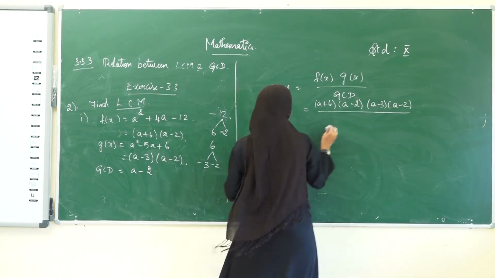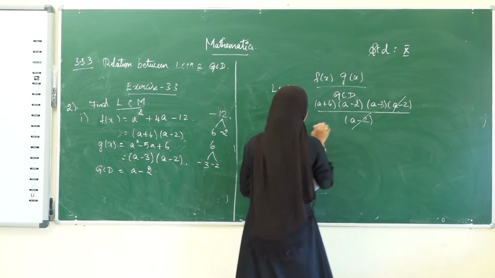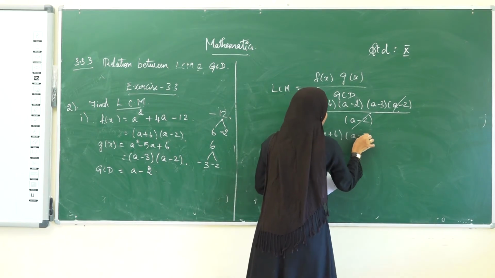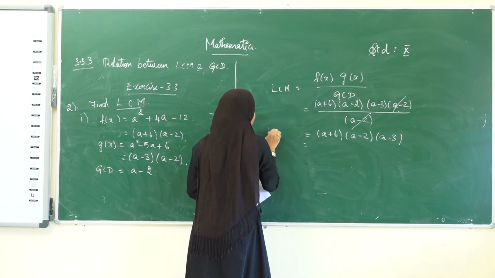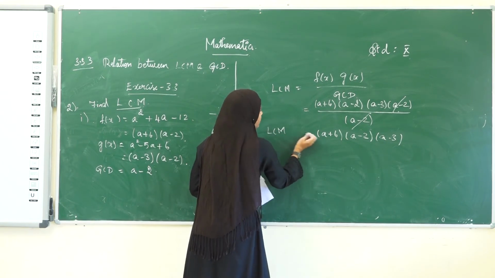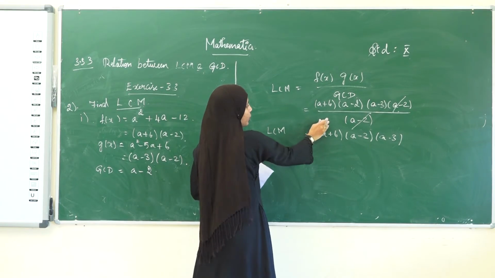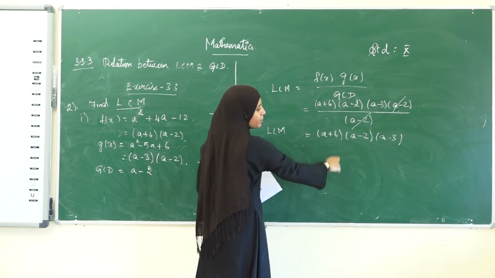The GCD is a minus 2. So we can cut this and this. The remaining terms, a plus 6 into a minus 2 into a minus 3, is the required LCM. Okay, this is very easy. Just this formula we are going to substitute, eliminate the terms, and we will find the LCM.